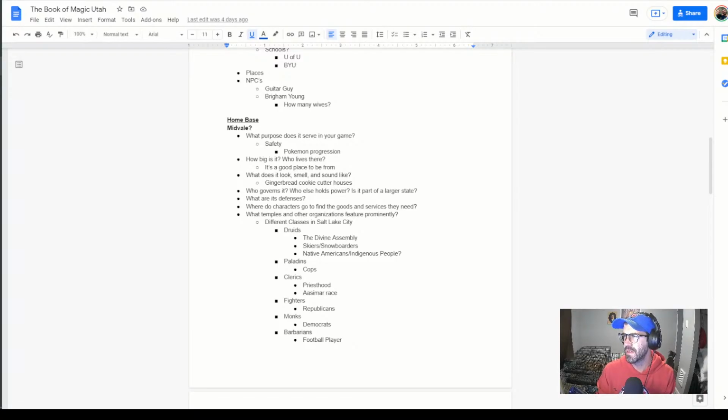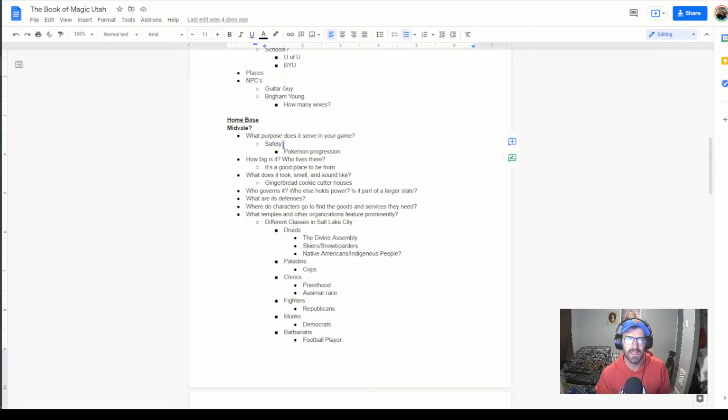So this is coming from the Dungeon Master's Guide, mapping your campaign. I think starting with settlements is a good place. It says start small, so do the local area. Okay. Well, let's answer these questions.